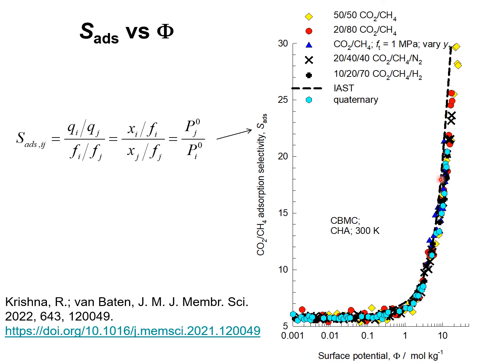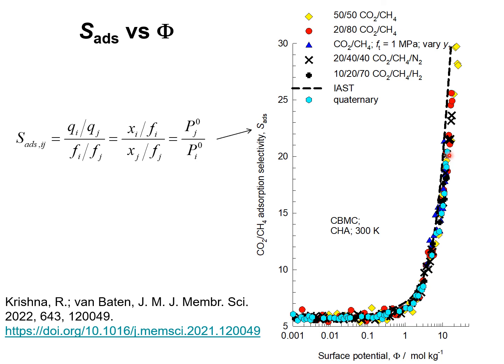The crosses represent ternary mixtures of CO2, methane, and nitrogen in the proportion 20-40-40. The pluses represent ternary mixtures of CO2, methane, and hydrogen in the proportion 10-20-70.